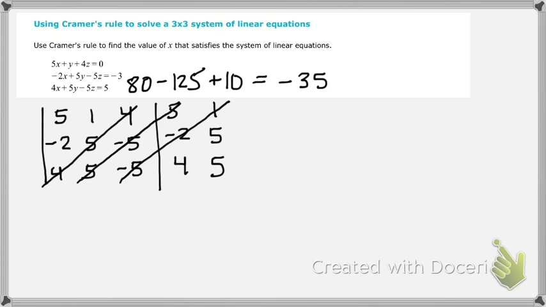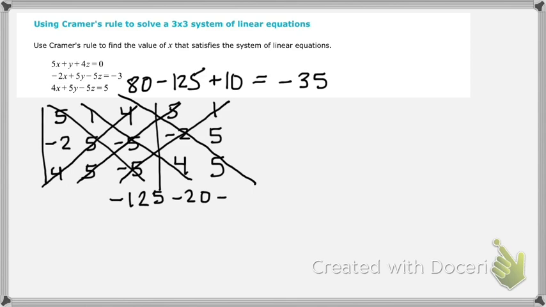Then on the downward diagonals, it looks like I have a negative 125. And I have this diagonal is minus 20. And this diagonal is minus 40. 20 times 2 is 40, and it's negative. So it's minus 40. And summing that, I've got 125, 145, 185. So minus 185.